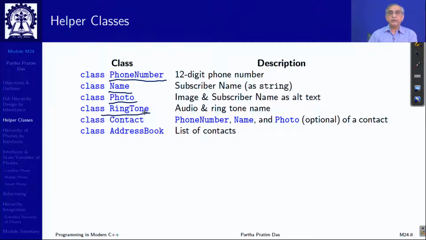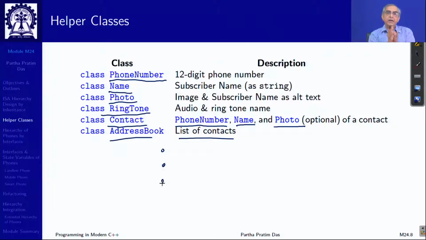You may have a class for varied kinds of ringtones, their IDs, names, and their audio files and so on. You will have a helper class contact containing the phone number, name and optionally the photo of a contact to create every element of the address book. The address book necessarily becomes a list of contacts. There could be more as well, as you can understand, but this is for the purpose of illustration.